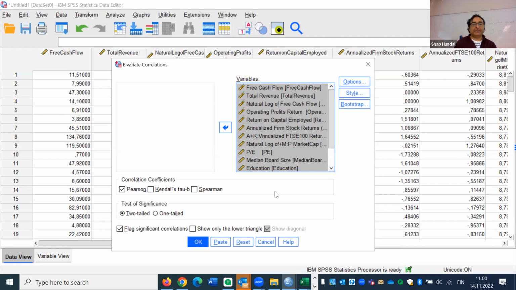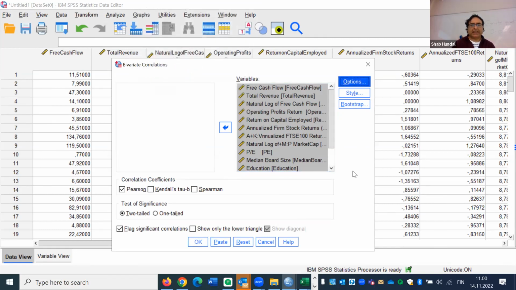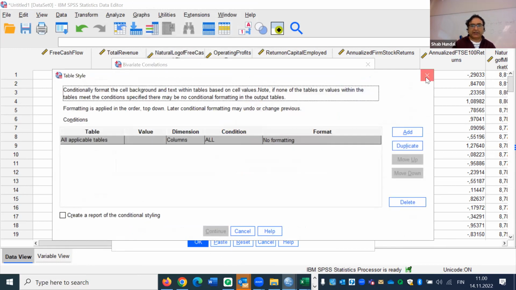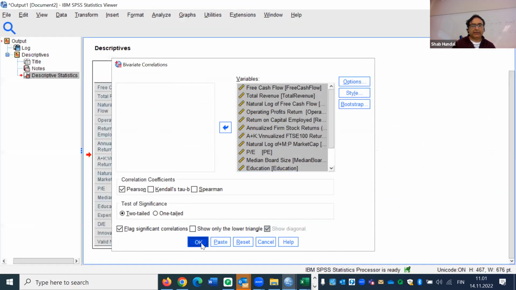We stick with this, and nothing else we change. Two-tailed, one-tailed, two-tailed is fine. I'll explain the meaning of two-tailed or one-tailed a bit later. Options, do we have something in the options? No, continue. And style, no need to change any style. And then click OK.